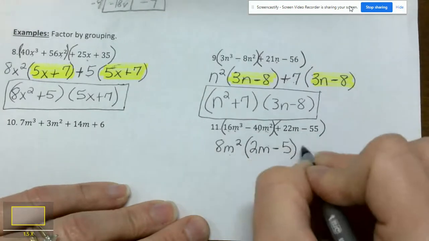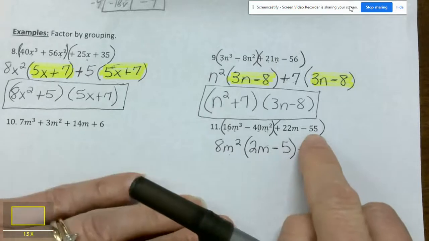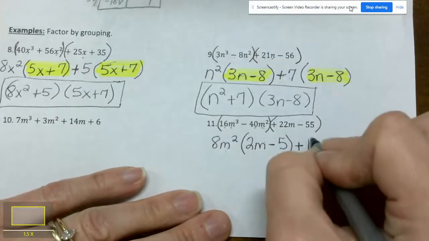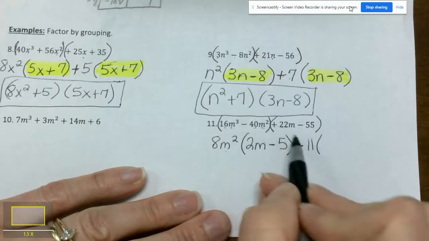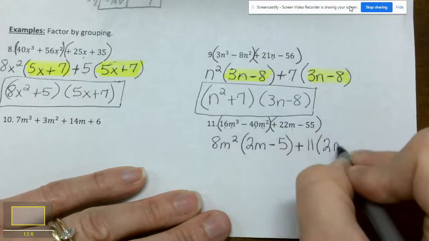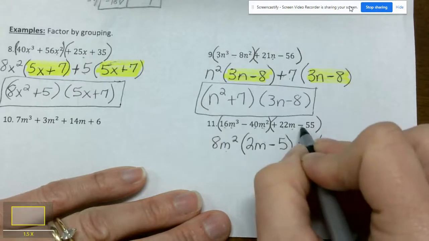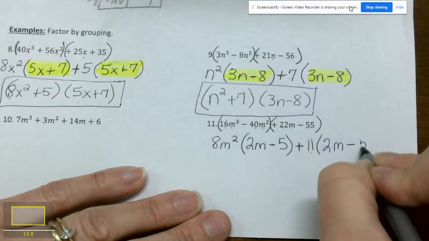Okay, then I bring down my plus sign. 22 and 55, the greatest common factor I can take out is 11. Okay, now I divide. 22 divided by 11 is 2. You've still got that m you have to pull down. And then it's minus 55 divided by 11 is 5.